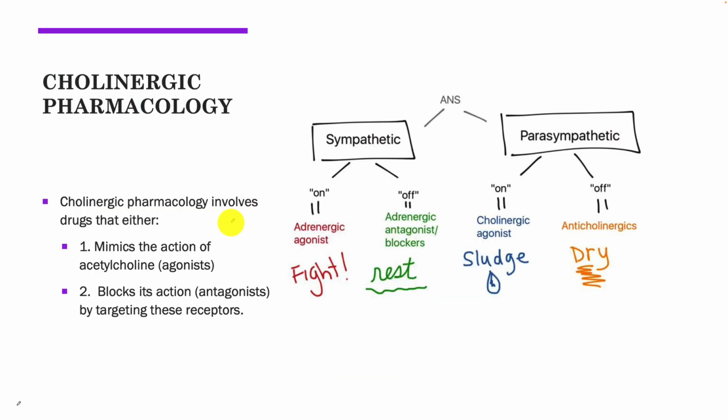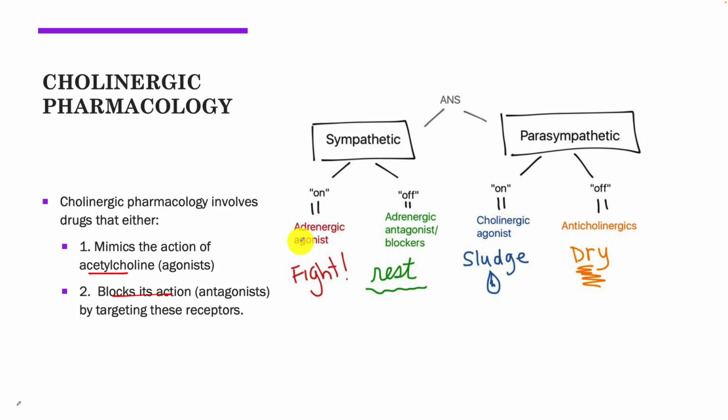Okay, so I found this, and I thought this was a pretty interesting way to think about these receptors and this type of drug and cholinergic pharmacy. So we know that the drug will either mimic the action and accelerate this, or it will block the action, right?